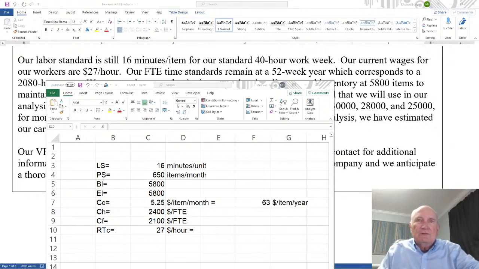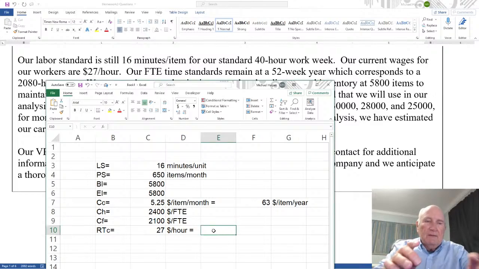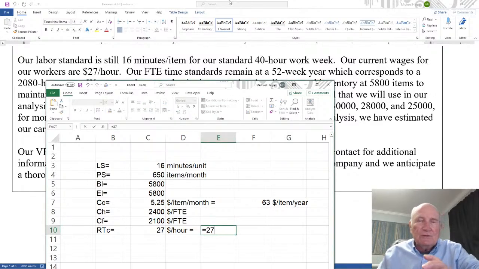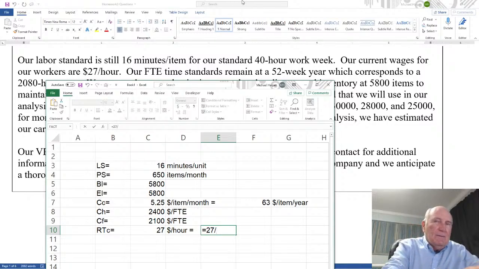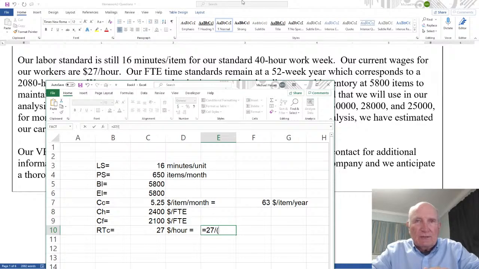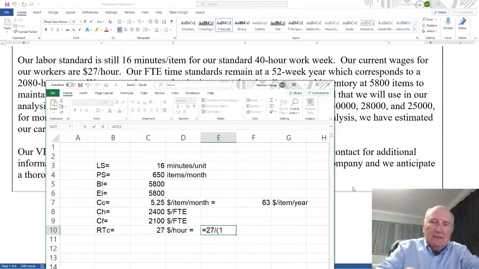So we want the 27 dollars per hour, but then we're going to divide that by how many hours per unit. Then that'll give us the dollars per item, or unit, same thing. So what I'll be doing here is saying 16 divided by 60.